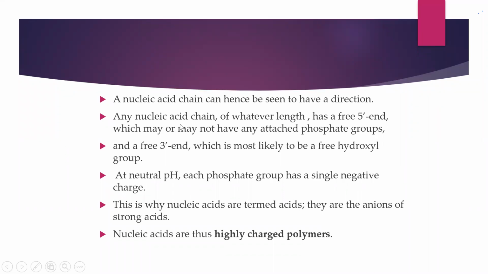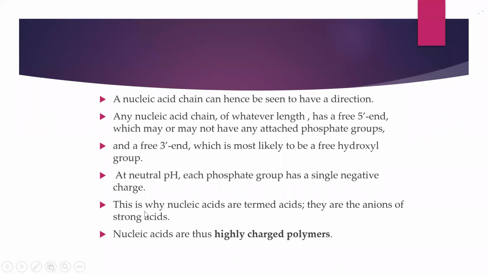direction. So any nucleic acid chain, of whichever length, has a free 5' end, and this free 5' end may or may not have any attached phosphate groups. In addition, it also has a free 3' end, and this free 3' end is most likely to be a free hydroxyl group. And at neutral pH, each phosphate group contributes a single negative charge.